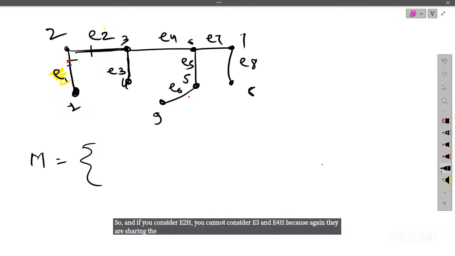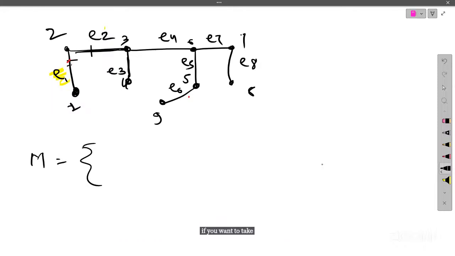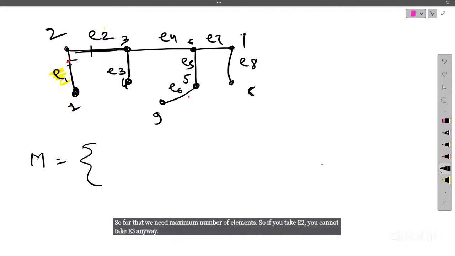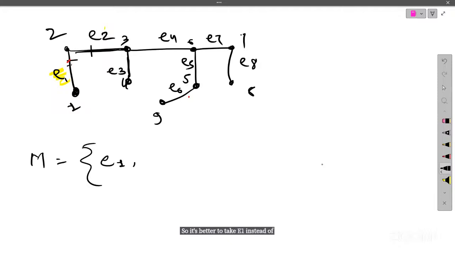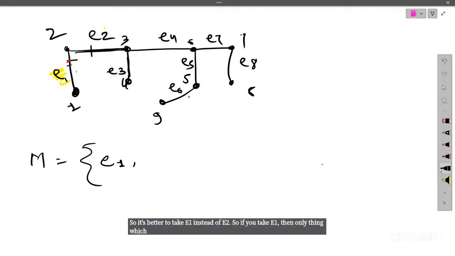So consideration of E2 will not be a good choice, because we want a maximum set, and for that we need the maximum number of elements. So it's better to take E1 instead of E2. If you take E1, the only edge we have to discard is E2. So now we cannot take E2.